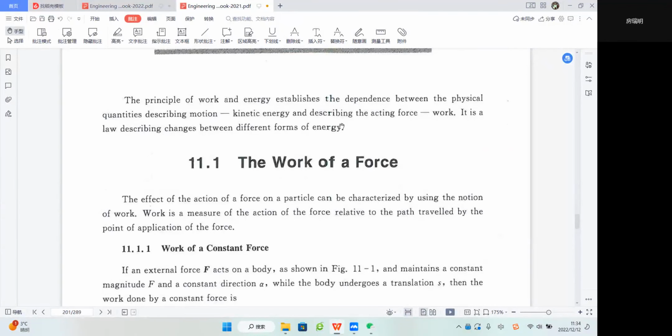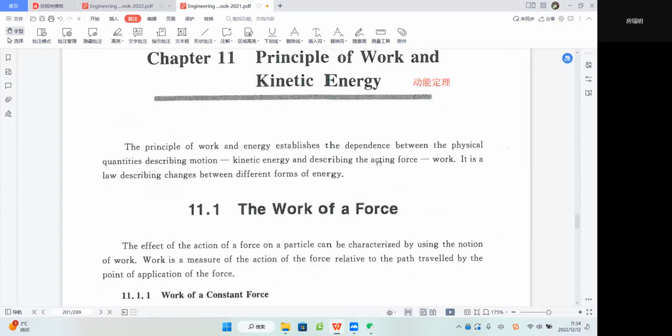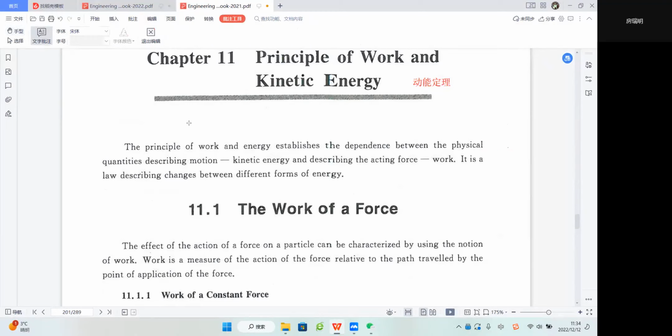So in this chapter, all the forces will have some kind of work, and work will let the body system change its kinetic energy. This principle of work and energy, we can also call 功能原理.